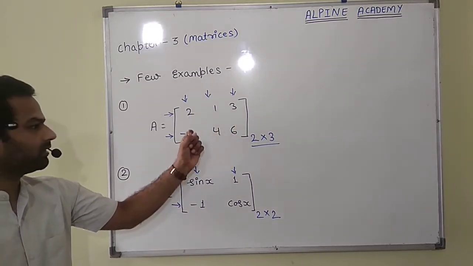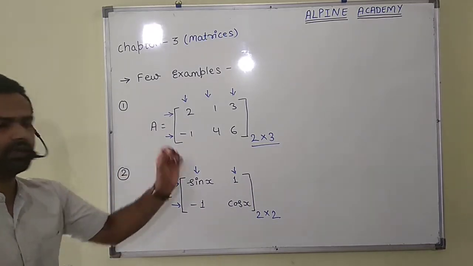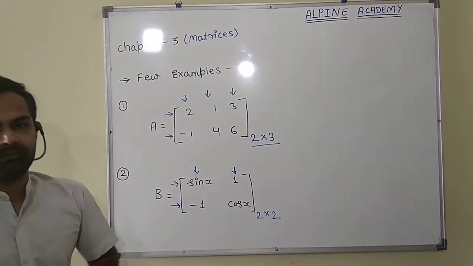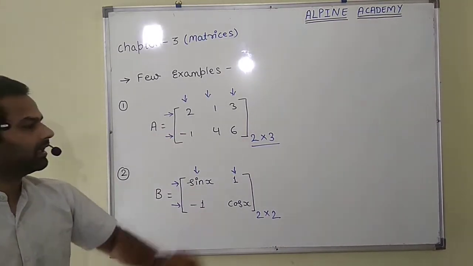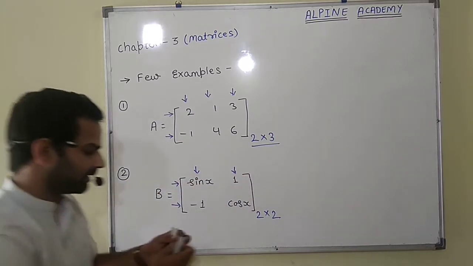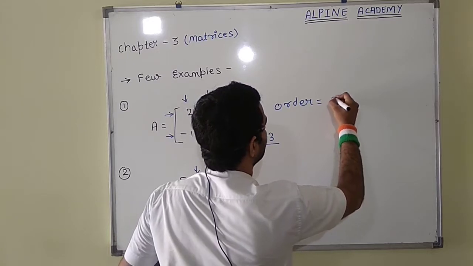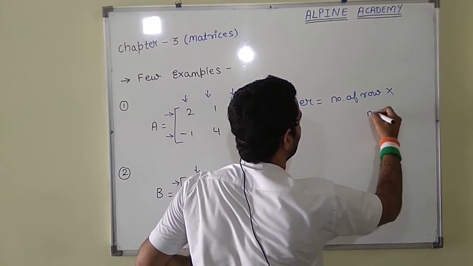It may be a positive integer, a negative value, any fractional value, positive or negative real numbers, any function or any variable. So elements of the matrix can be anything and order is always represented as number of rows into number of columns.